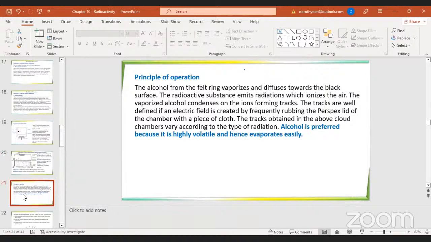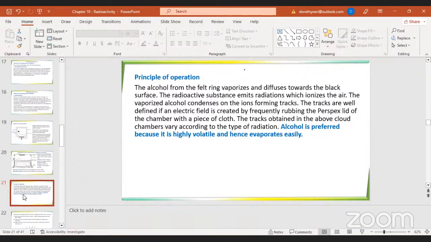The radioactive substance emits the radiation which ionizes the air. Ionization is a key important part here because it is at the ions formed due to ionization of air that condensation will take place, and you'll be able to see the tracks that you're supposed to be observing. The vaporized alcohol condenses on the ions, forming tracks.